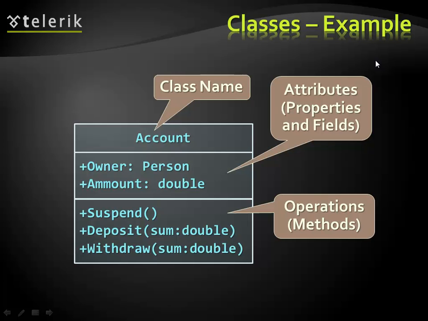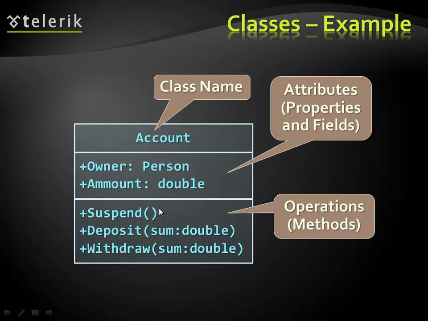But okay, let's say that these are identifiers of this class. They could be fields, they could be properties, and they could be of any kind. They could be integers, or they could be another class. Like here, this could probably be another class being used as a property of this account, or this amount, which is a double in this case.